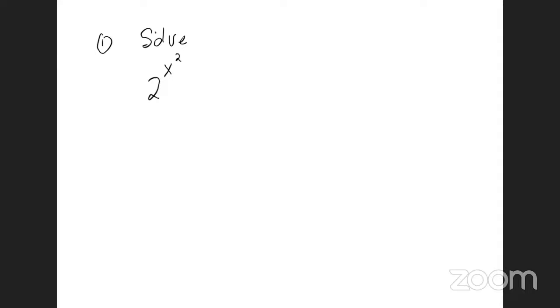That is 2 to the power of x squared, right? 2 to the power of x squared is equal to 16.